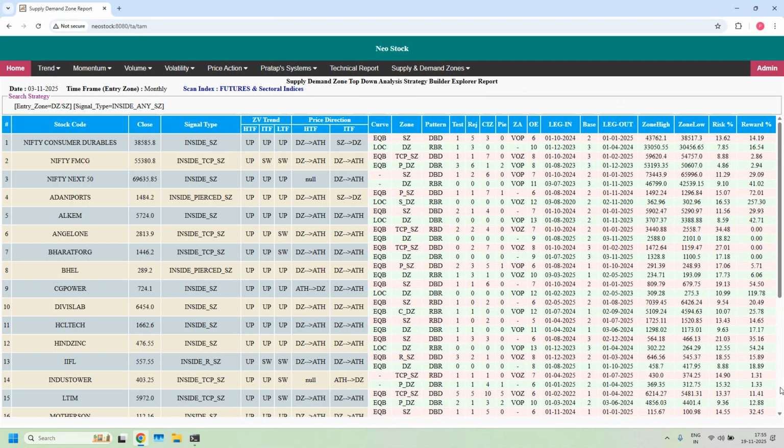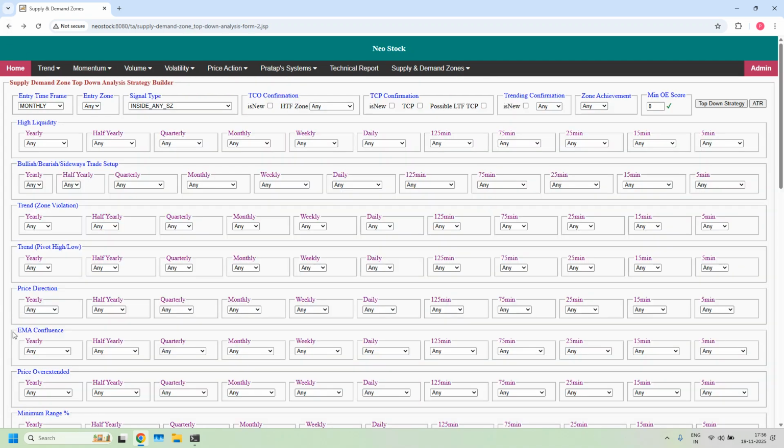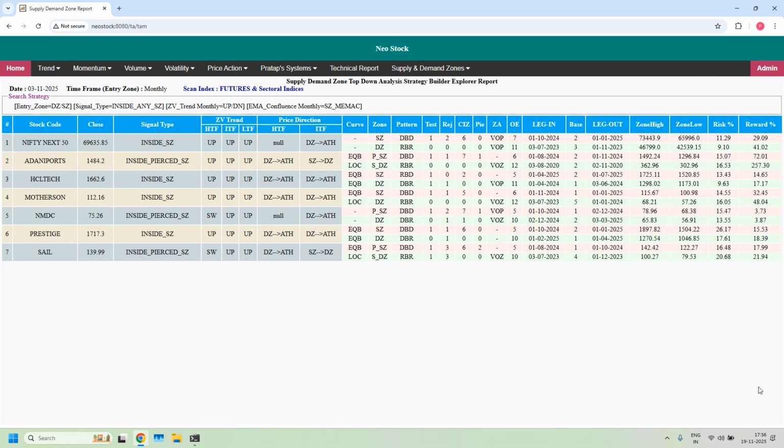First 15 stocks in the list. Scrolling the list down. We got 26 stocks. We can again apply EMA Confluence on these monthly supply zones, and also the trend on the monthly should not be sideways. We got 7 stocks.